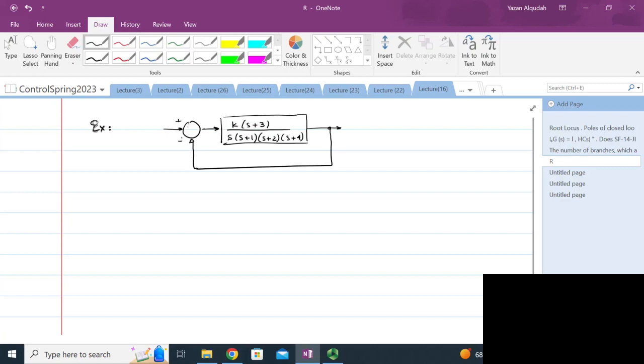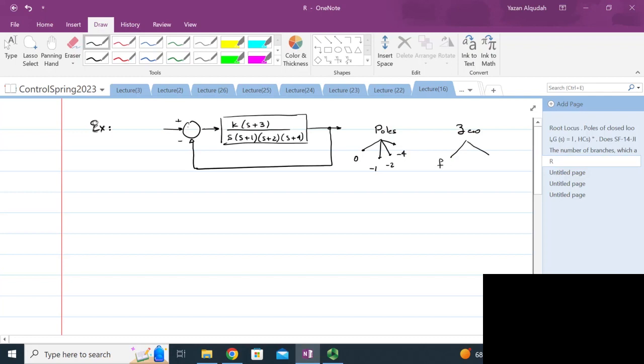We'll clarify it. So looking at this system, if I look at g of s multiplied by h of s, how many poles do I have? 4. You see it, everybody? What are the poles that I have? A pole at 0, -1, -2, -4. How many finite poles do I have in the system? 4. How many zeros do I have on the system?